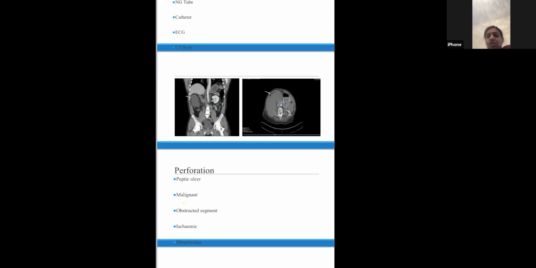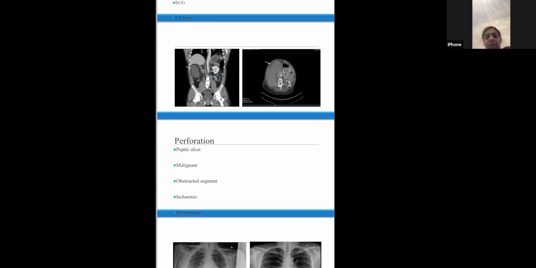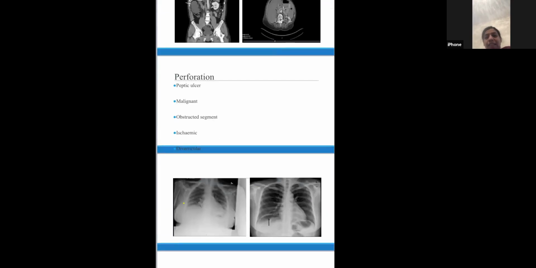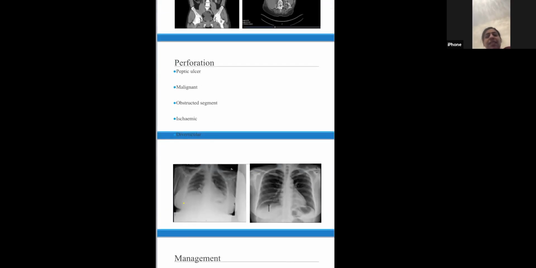So perforations can have lots and lots of causes, the commonest one still being peptic ulcer that we come across. And on the left, it's a classical X-ray where you can see a thin sliver of free gas under the diaphragm. And if you see this, unless the patient has had any recent operation or procedure, you know that this is a perforation.